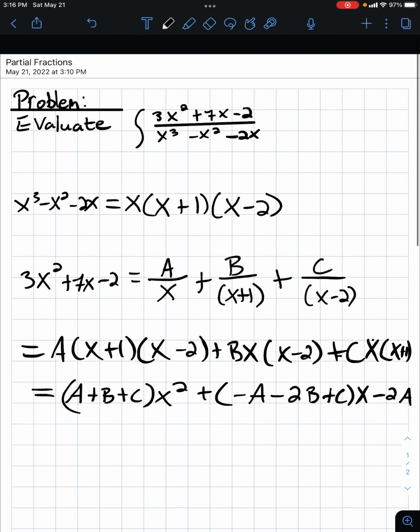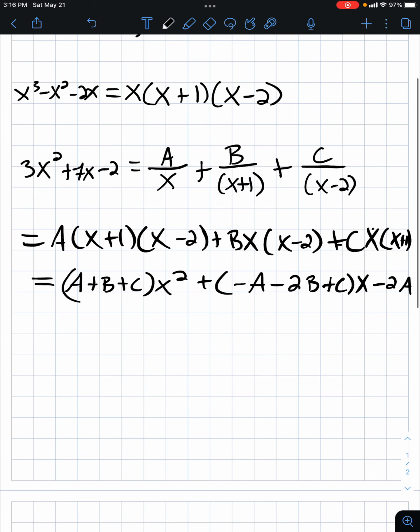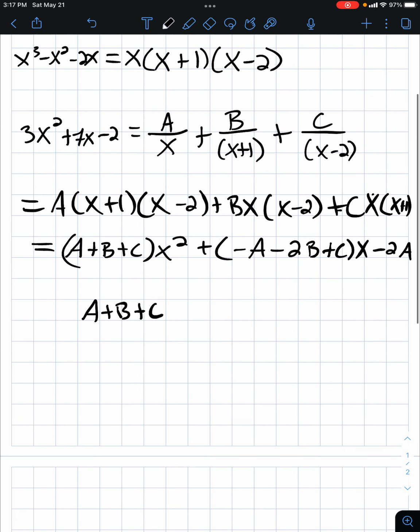Now we can set each coefficient of x², x, and x⁰ equal to the numerator coefficients, 3, 7, and −2. So A + B + C, the x² coefficient, is equal to 3.